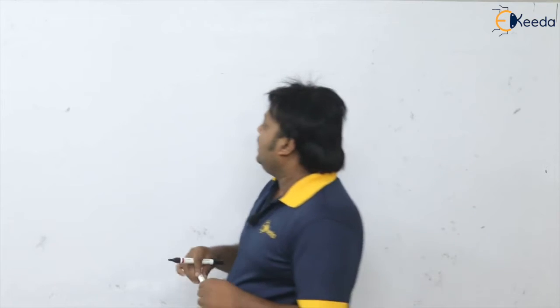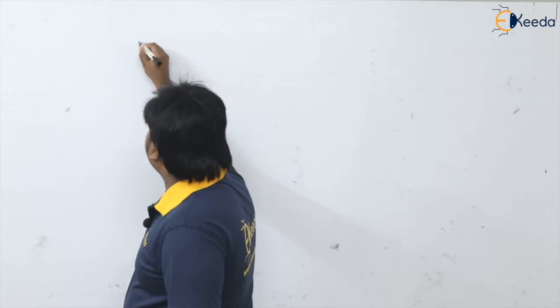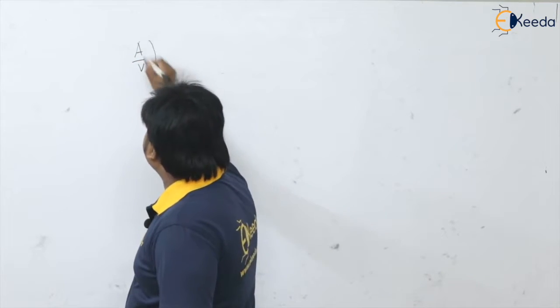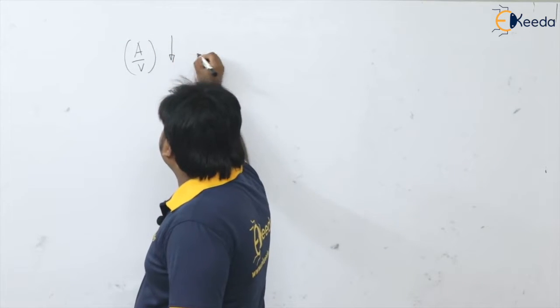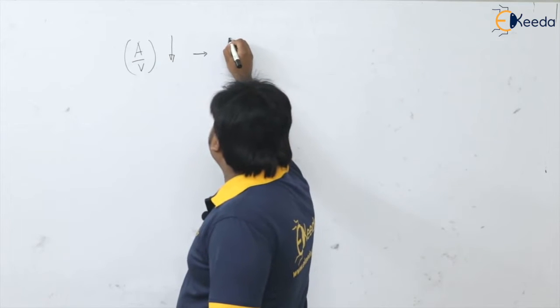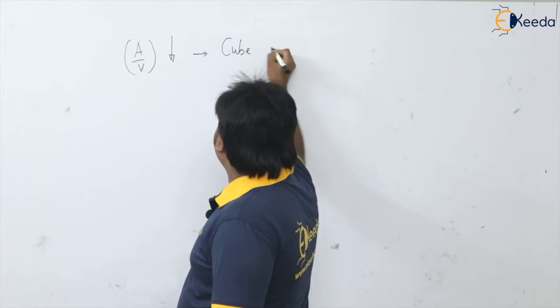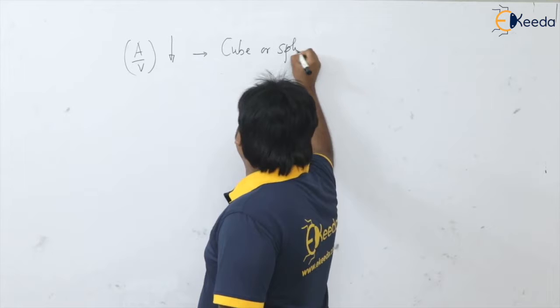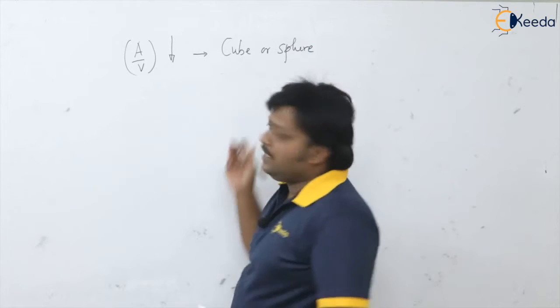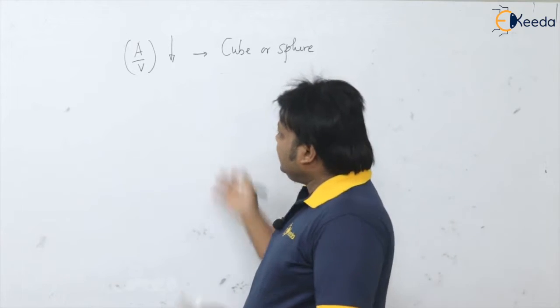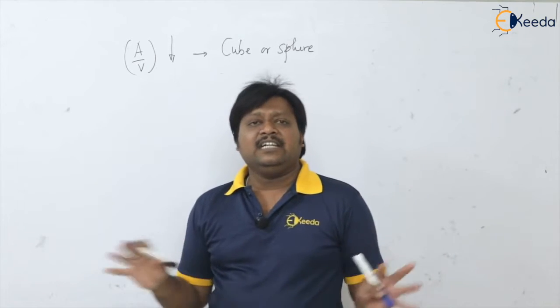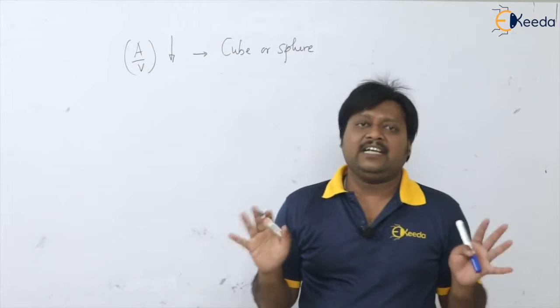Now see, if we have shapes with a low area by volume ratio, for example a cube or a sphere, they have a low surface area by volume ratio. In these conditions a single riser can feed the entire casting.